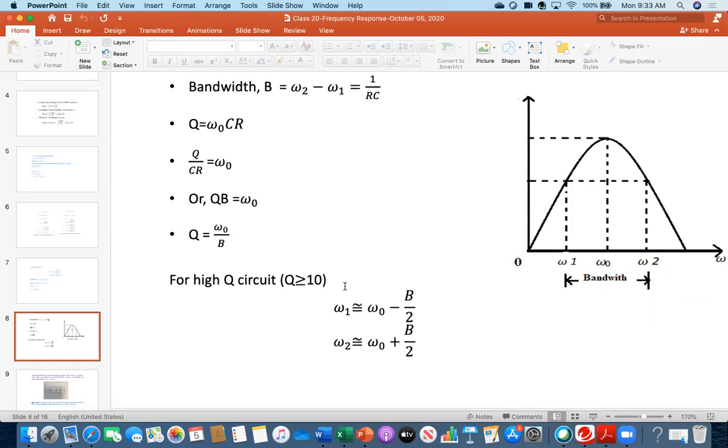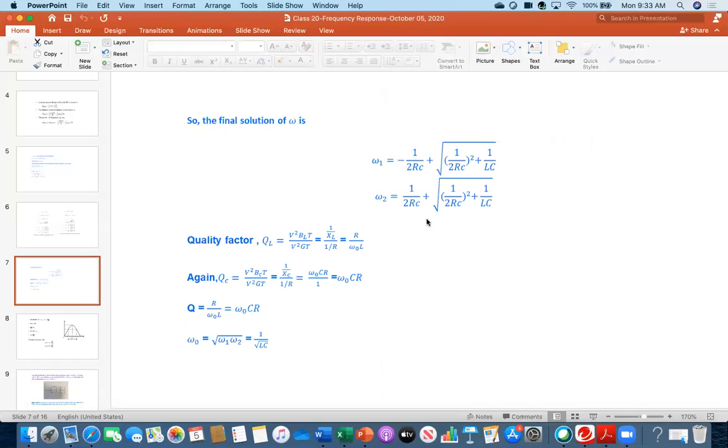Therefore, in a numerical problem, first you will look at the value of Q. If it is greater than 10, then definitely you can use this one. The result you get using these two equations and the result you get using these two will be the same. Either way you can do that.